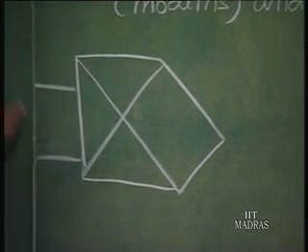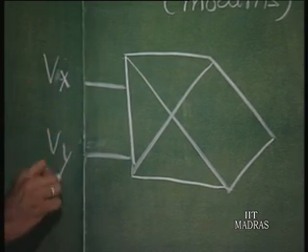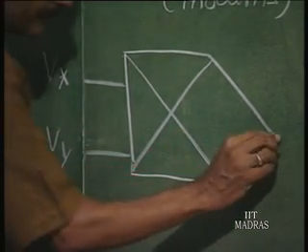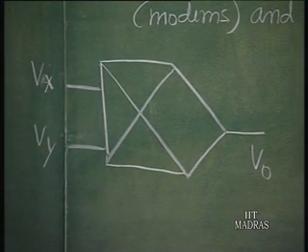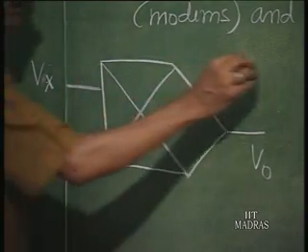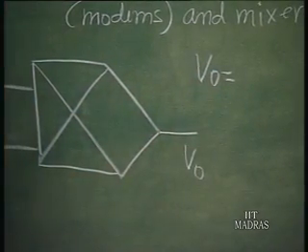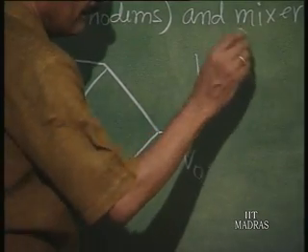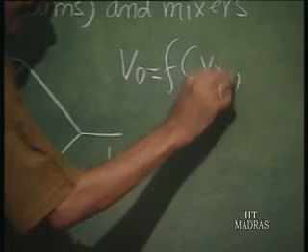It has two inputs. One input will be having, let us say, Vx as its input, another let us say Vy, output V naught. This is the symbol for the multiplier. So, V naught is going to be equal to a function of normally two inputs now, Vx and Vy.